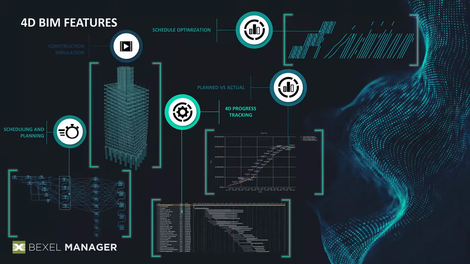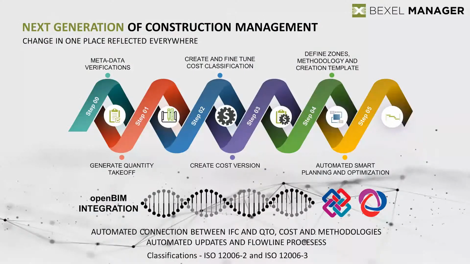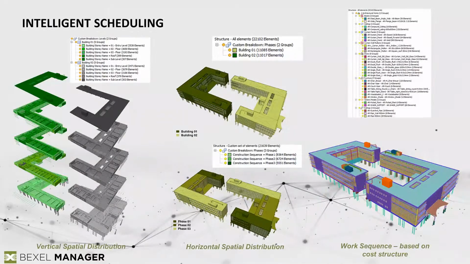BEXEL Manager has a very advanced and intelligent BIM-based scheduling engine, which can be used to generate thousands of tasks, including relations and dependencies between them. And the greatest thing is that everything is instantly related to BIM elements, since all the tasks are actually created based on model elements. So I'll try to explain the process on a few slides.